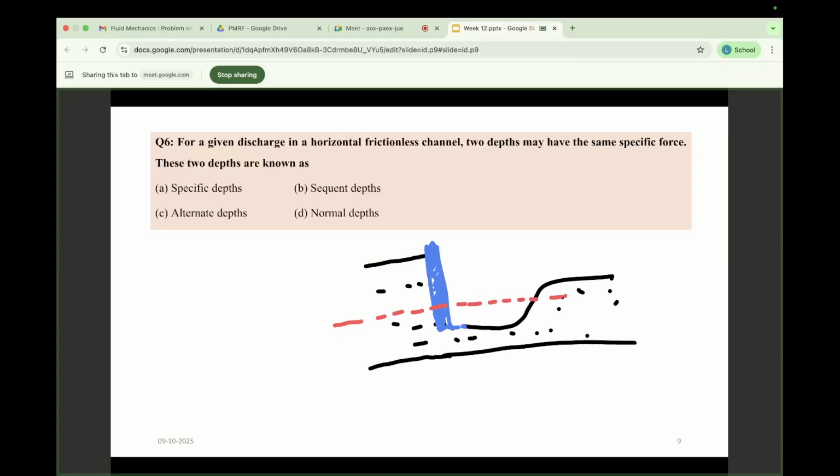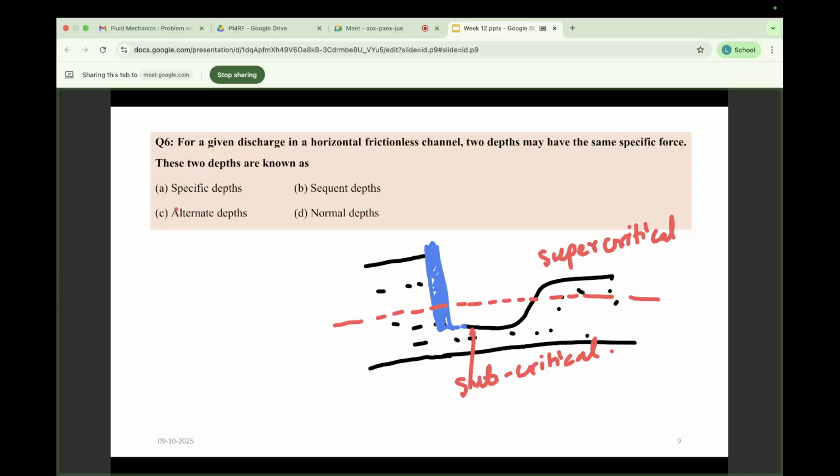This red one is a standard line. The above one is critical, and the below one is subcritical, supercritical. So if the above line I represent as supercritical, this one is subcritical.